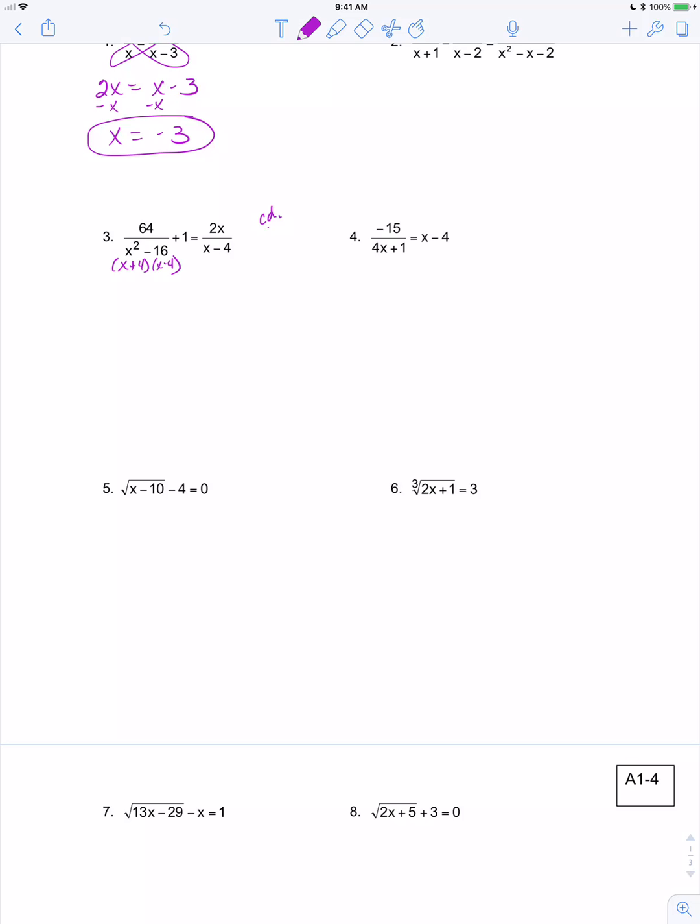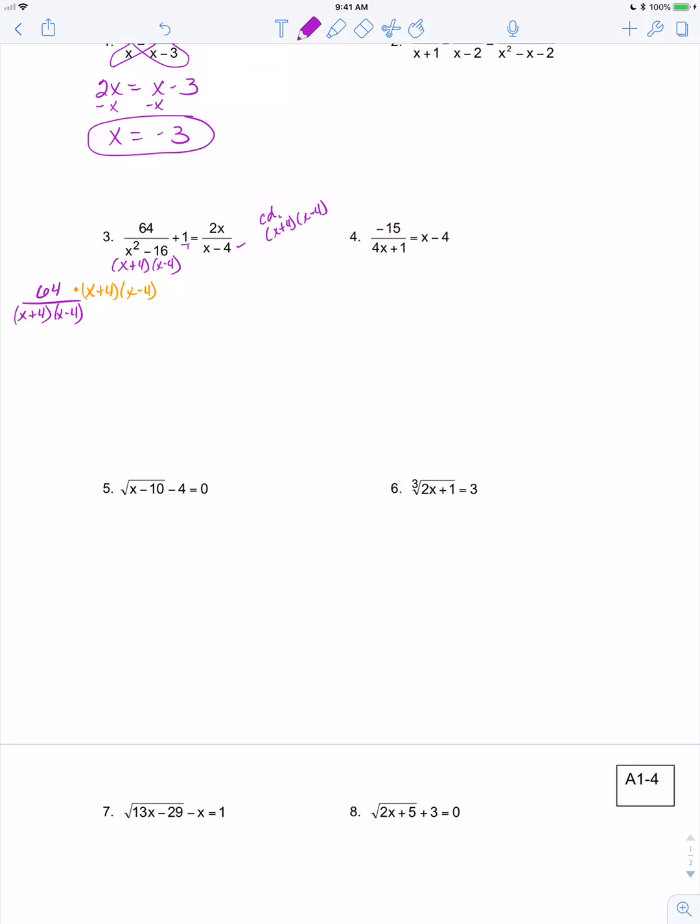So here our common denominator is x plus 4, x minus 4, because this term has an x minus 4. This term is just over 1, and so 1 multiplied by all that is still just x plus 4, x minus 4. So we're going to take each term here, and I'm going to list that denominator as x plus 4, x minus 4. And I'm going to multiply it by that x plus 4, x minus 4.